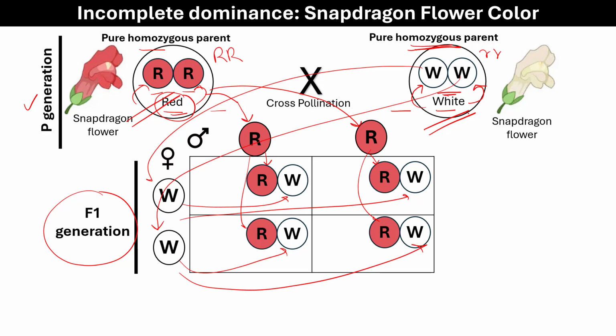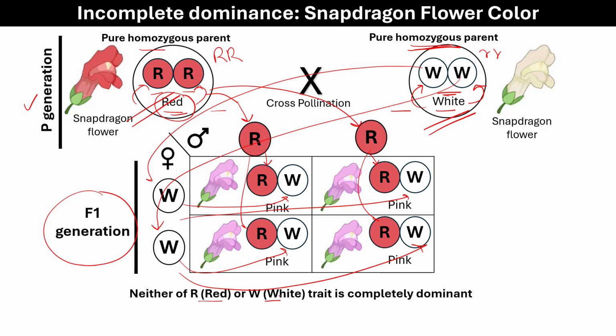But if you have one R and one W, and W is not dominant over R and R is not dominant over W, then what will be the phenotype? So neither R nor W are completely dominant. So you get a blend of the two characters. You will get a blend of red and white, which is pink.